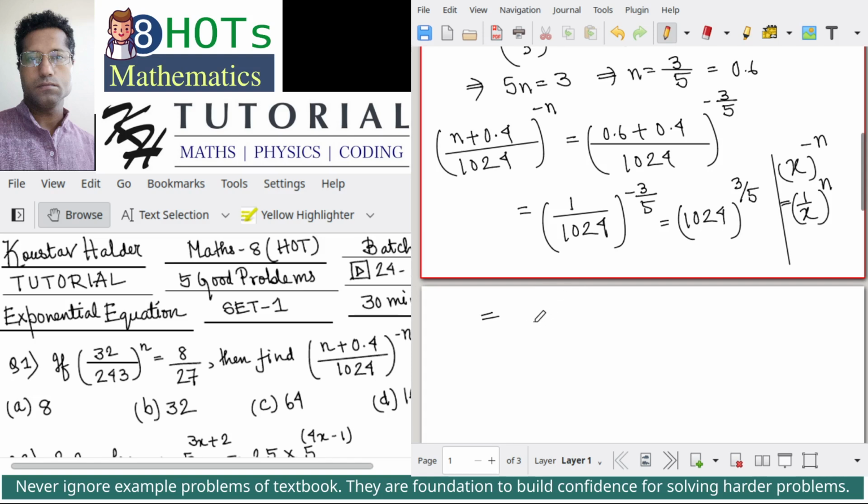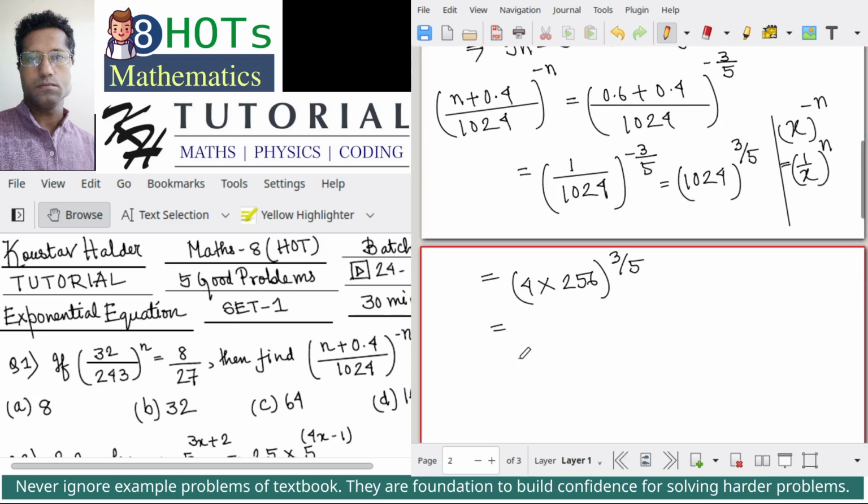Okay, let's start with 4. It is always better to convert 1024 as a power of the smallest prime, that is 2. Anyway, I am starting with 4. So 1024 is 4 multiplied by 256, and this is raised to the power 3/5.